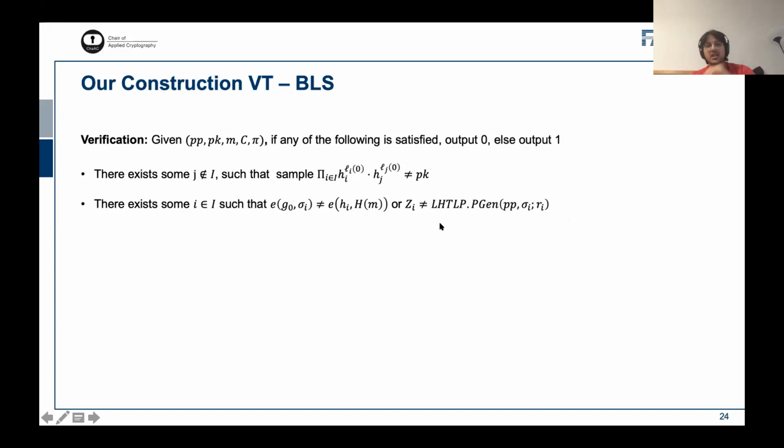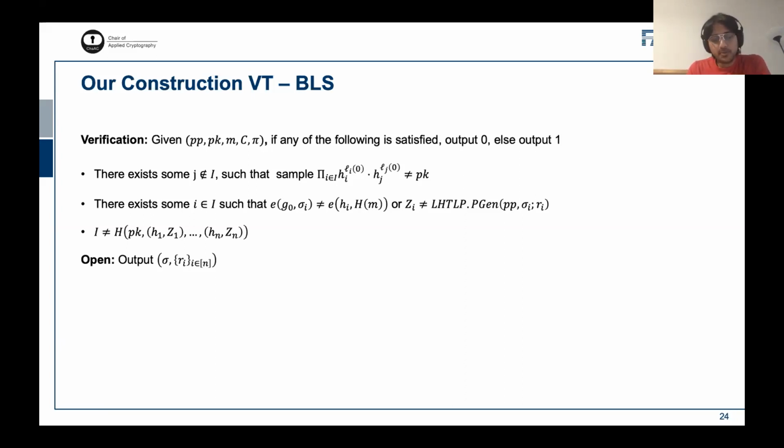If any of them fails, you abort. Then you check if the cut and choose indices are correctly computed, by running the random oracle yourself. Once this is done, the verifier is guaranteed that everything is fine.